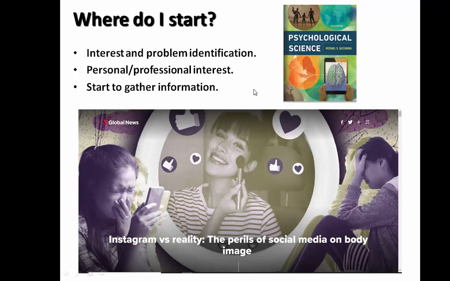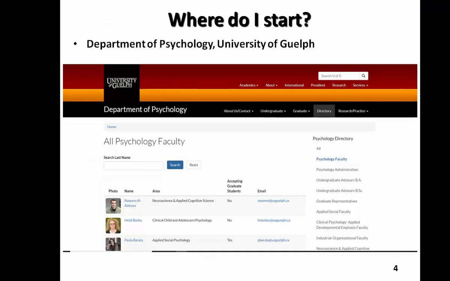Another source of potential interest comes from an introductory course in psychology, for example. And so using a course textbook to identify topics is often a very good source for different areas to potentially study.